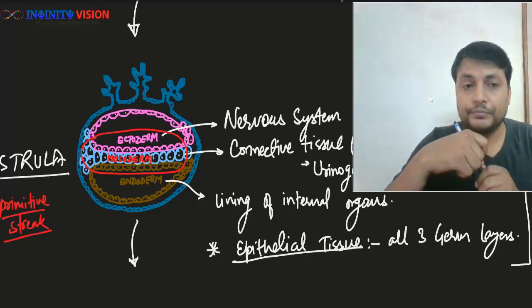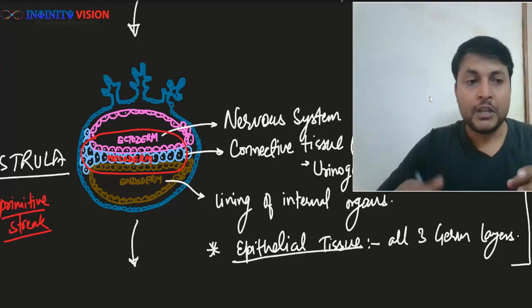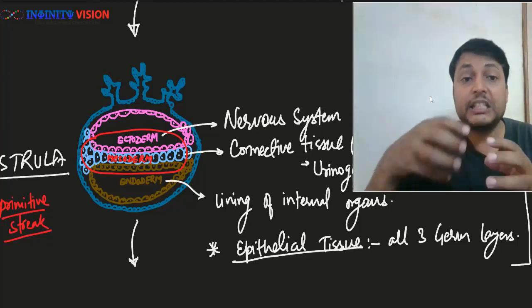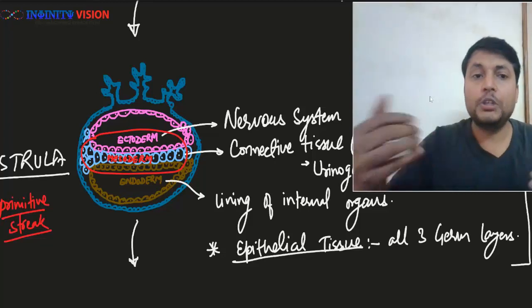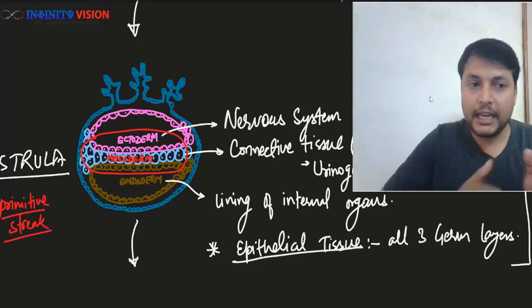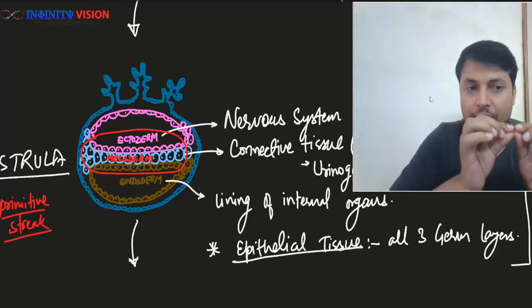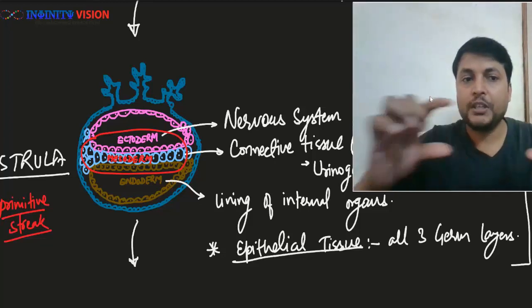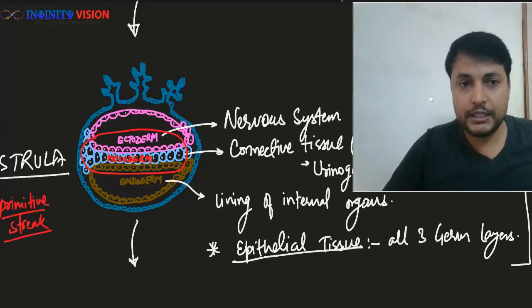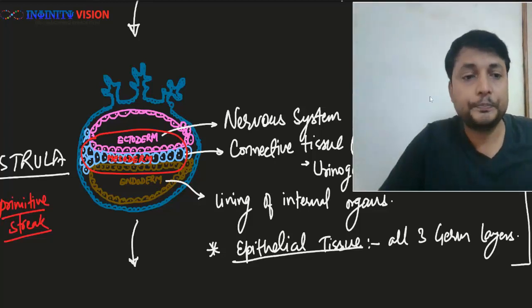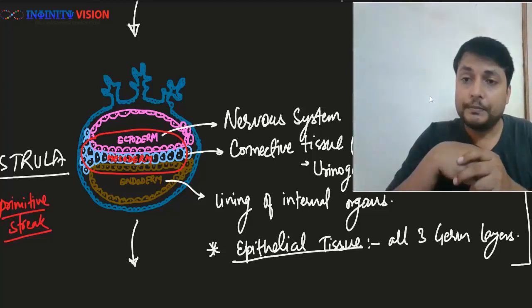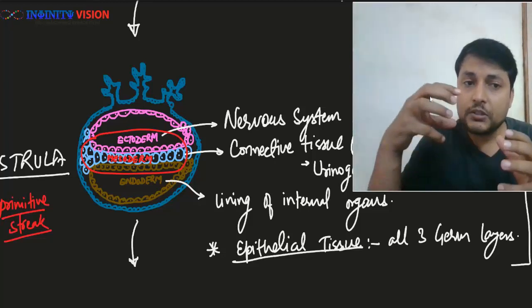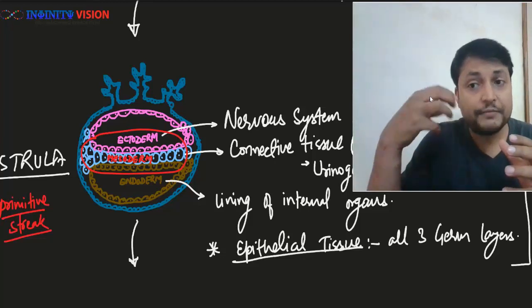The primitive streak is the initiation of the two types of movements, epiboly and emboly, and from there the streak grows and forms the three germ layers. This entire structure is formed. Now when these three germ layers are formed, the cells of these germ layers are differentiated cells.